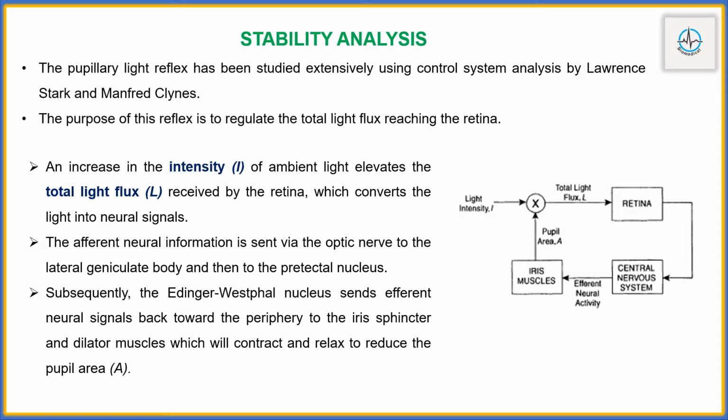The afferent neural information will be sent via the optic nerve to the lateral geniculate body and then to the pretectal nucleus. Subsequently, the Edinger-Westphal nucleus sends efferent neural signals back towards the periphery to the iris sphincter and dilator muscle, which will lead to the contraction and relaxation of the pupil area.